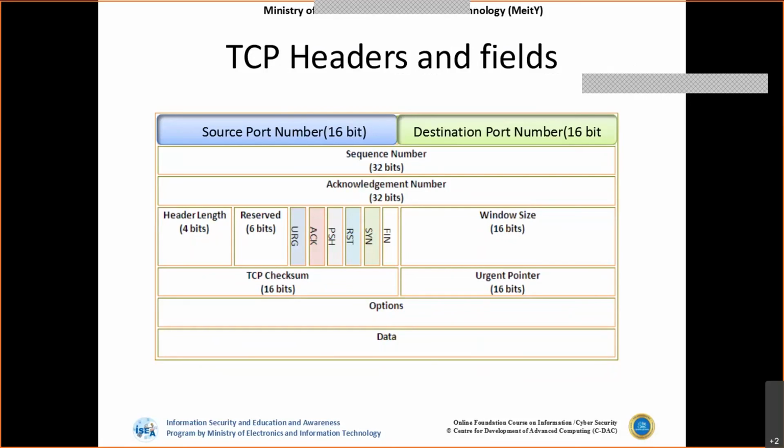Okay. And there is again the window size to understand the flow control. We have a TCP checksum, and the other thing is the urgent pointer. This urgent pointer is associated with the urgent flag. If there is a priority in communication, then when this urgent flag is set, this pointer will be used.